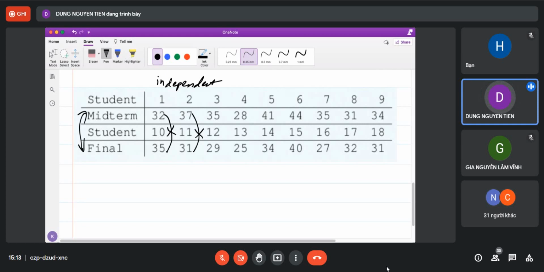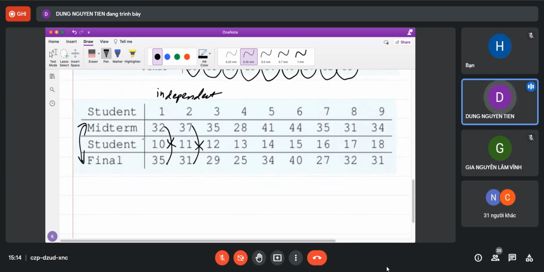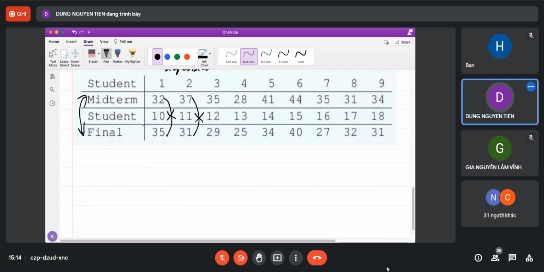You cannot just make it dependent. Suppose that you still have the two samples, but you don't get the midterm scores and final scores. You get something different, something like this.